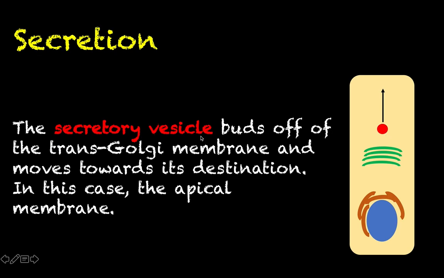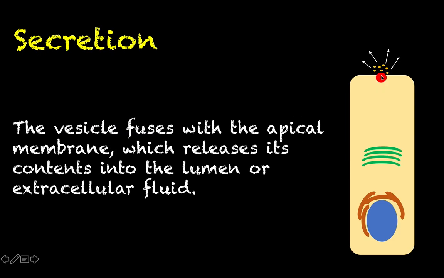That secretory vesicle buds off of the trans-Golgi face and starts moving towards its destination. In this case, we are talking about the apical membrane up here. That vesicle will fuse with the apical membrane, and that causes the contained product to be released into either the lumen or into some kind of extracellular fluid.